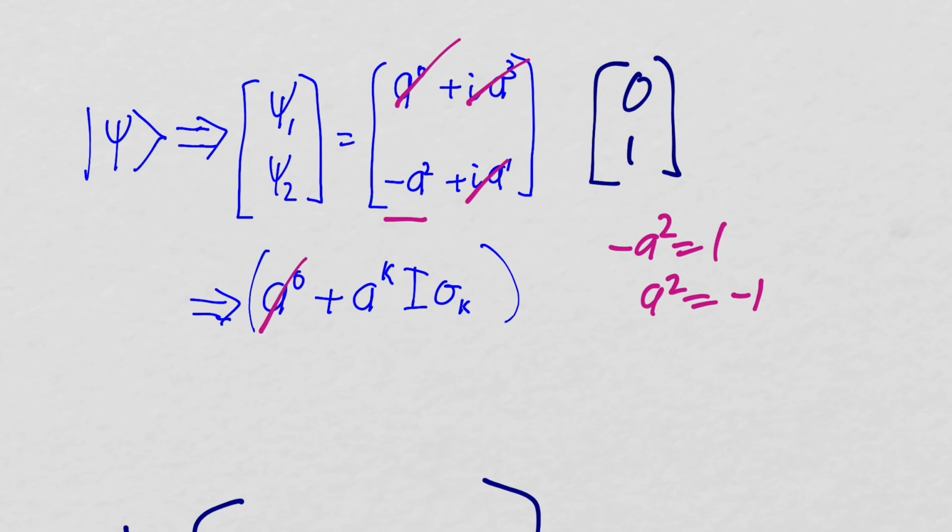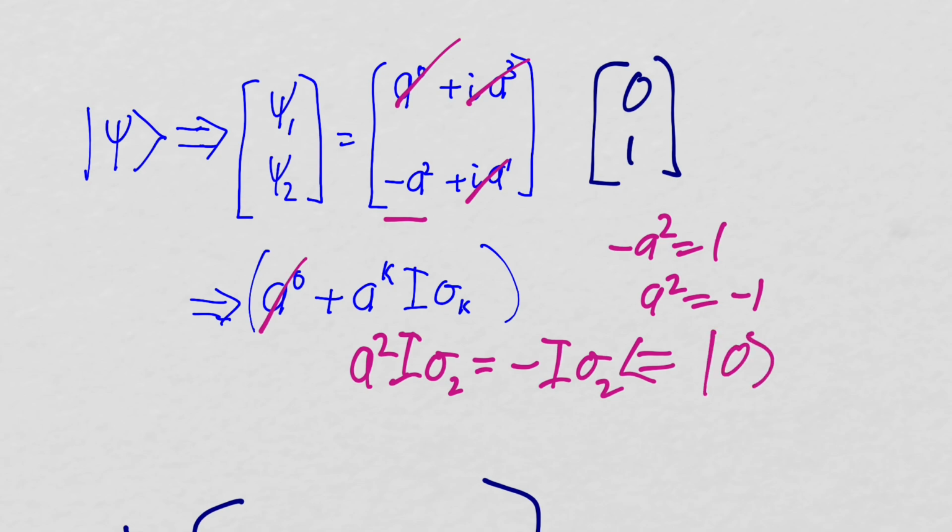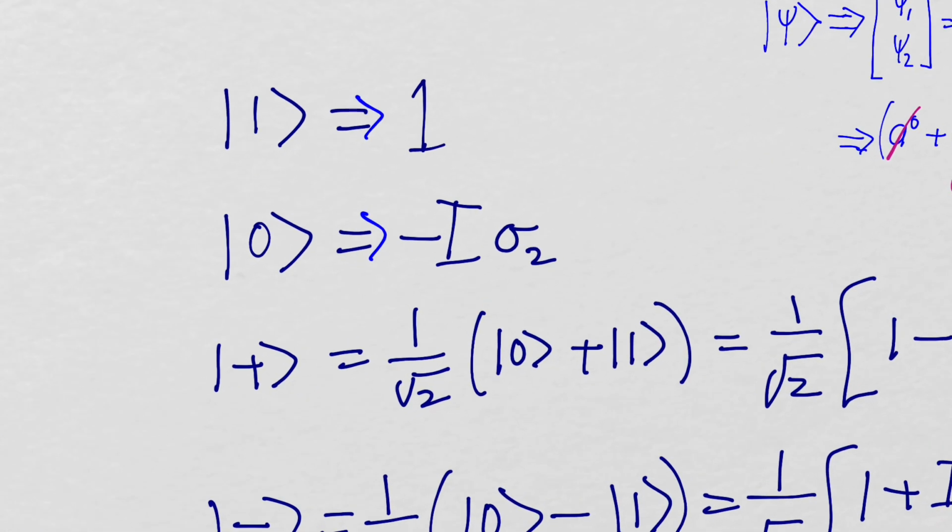So this is gone, and then all that's left is A2 I sigma 2. A2 is negative 1, so I have minus I sigma 2. So now I write that this represents, whoops, I'm about to draw a bra instead of a cat, the down state, right? And that's of course what I've calculated right here.